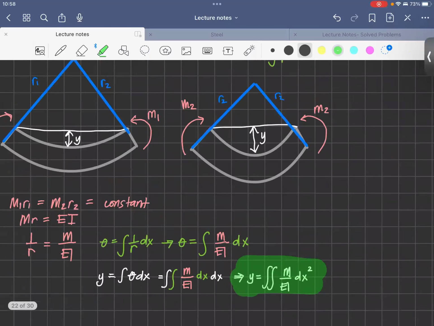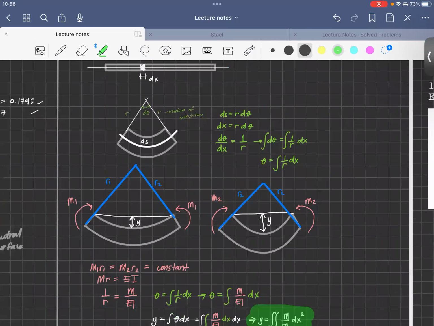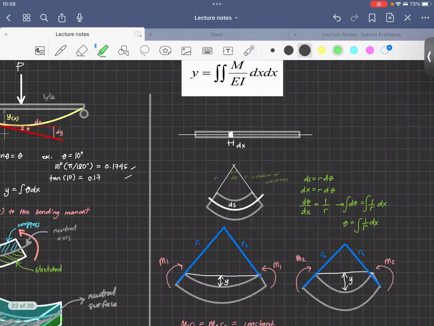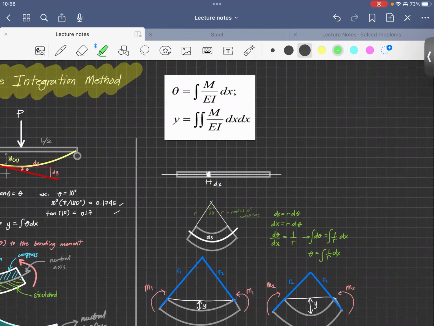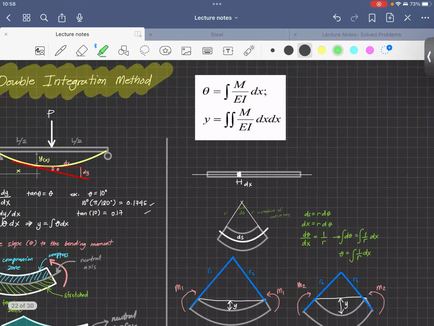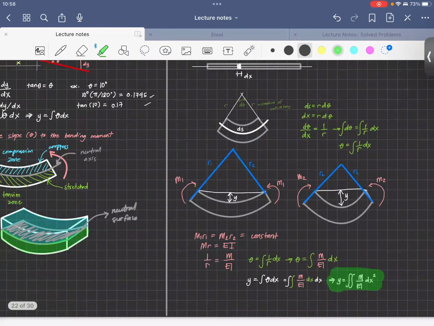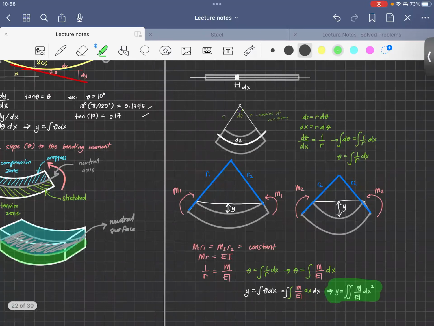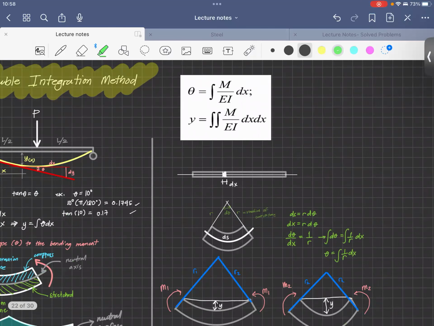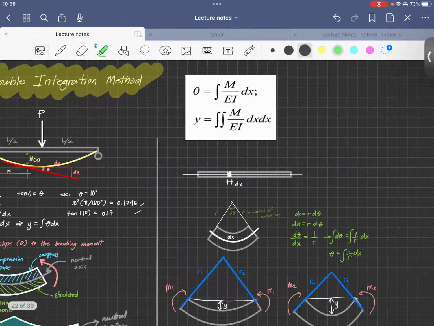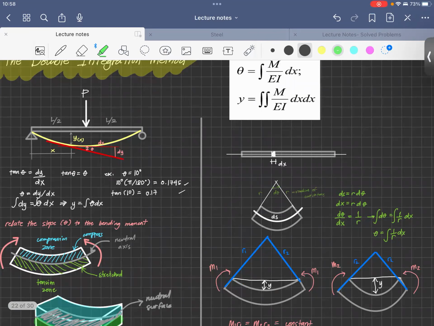Di ba? So, there you have it. That is how we arrive at the equation for the double integration method. Now, since I've already shown you how this equation was derived, we'll now try to solve the deflection of beams using these equations.